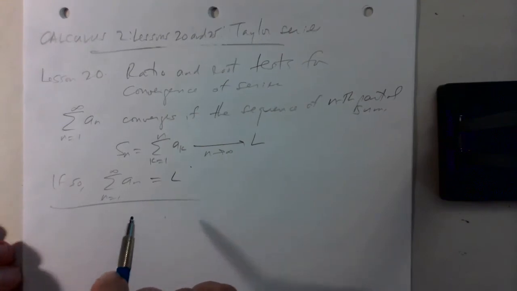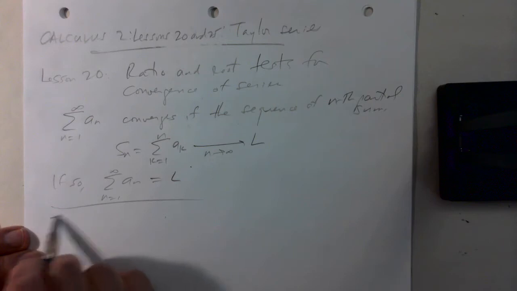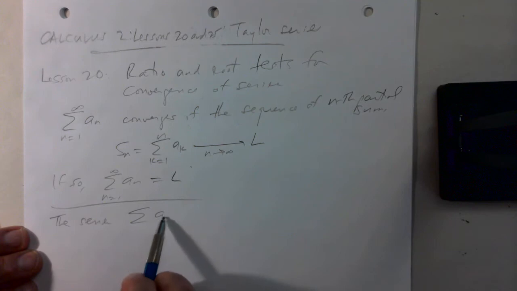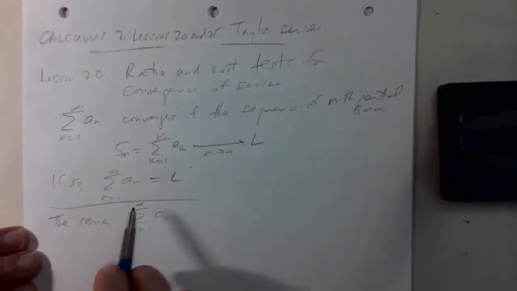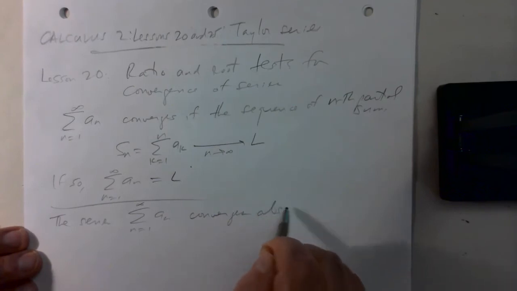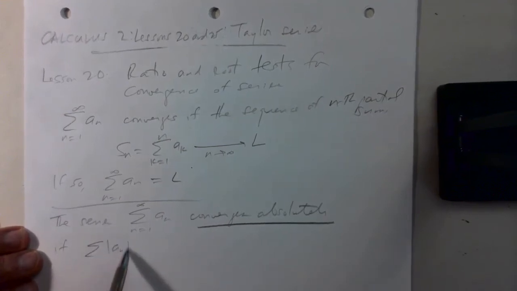Now, an can be positive or negative, and we also say something much stronger, that the series summation an, n goes 1 to infinity, converges absolutely if the sum of the absolute values of these numbers converges.